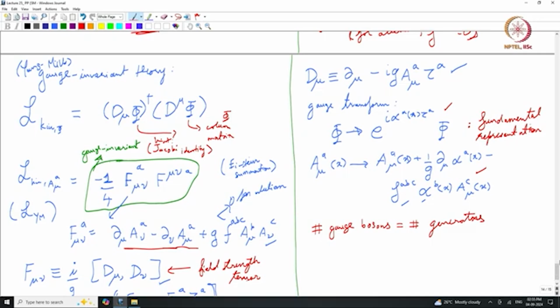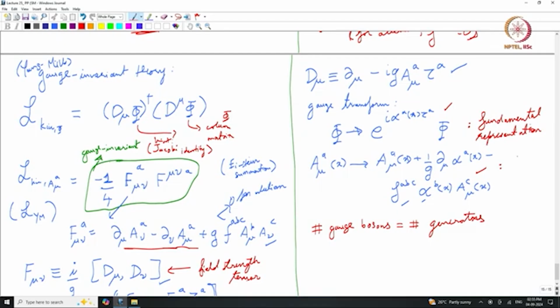But notice that this cannot be the fundamental representation. That's not what we are doing here. We are not hitting it with a unitary matrix, a U. And also the A's live, there are not just one A field, there are n number of A fields, where n is the number of generators.